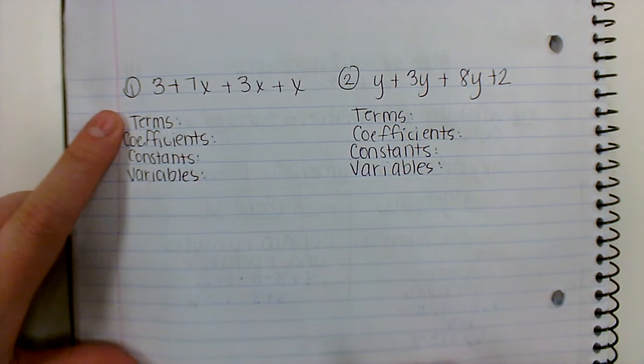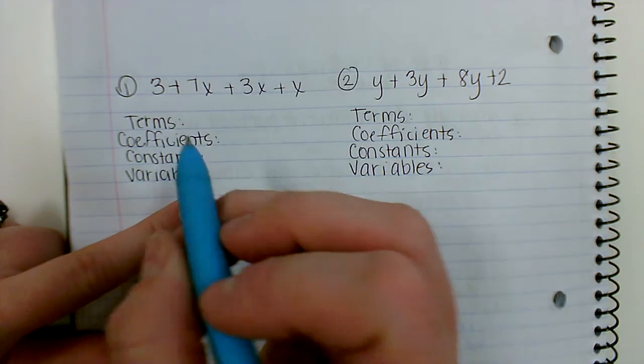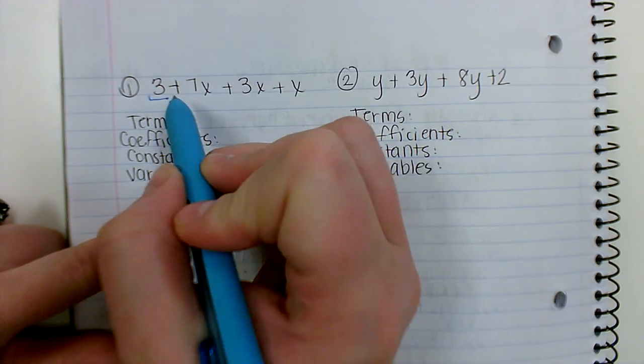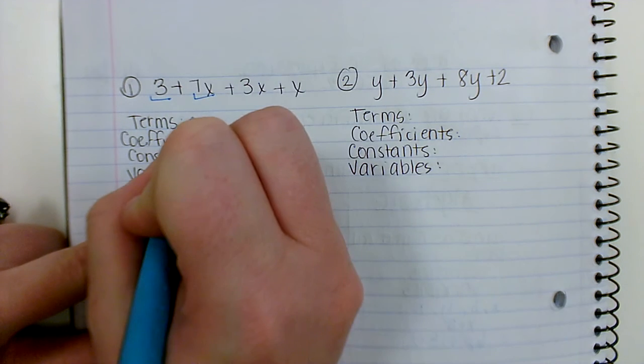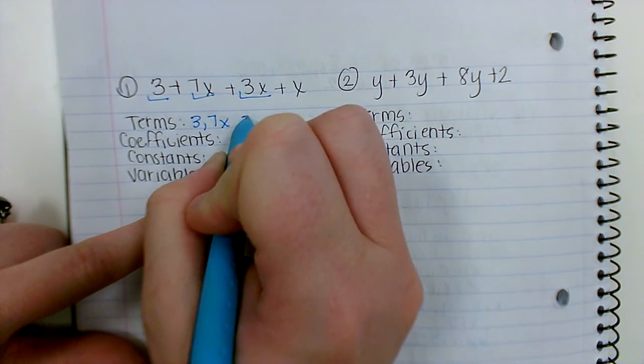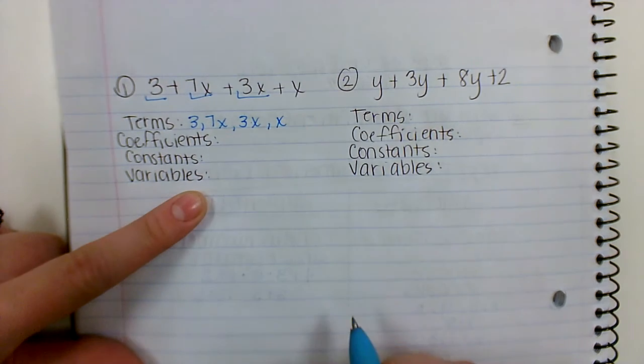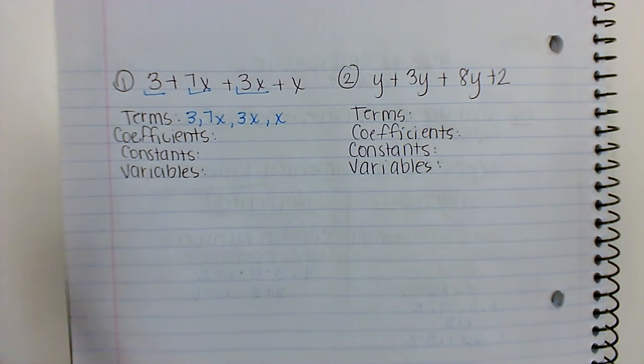Alright, let's look at the first problem. Terms. So remember, it's any part of the expression. So we have 3, 7x, 3x, and x.